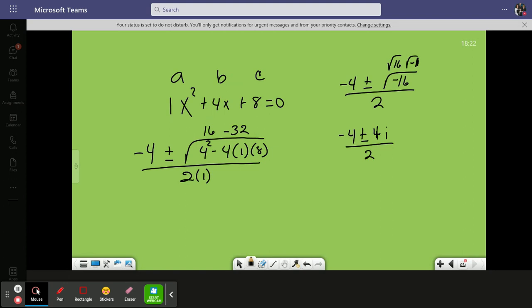Now that can reduce, yes? What goes into all three? It's got to be all three. If it's not all three, it's not going to happen. So I'm going to have negative 2 plus or minus 2i. Yes? Okay.